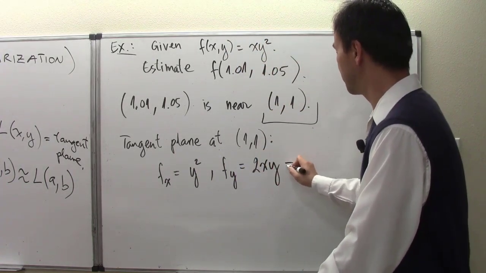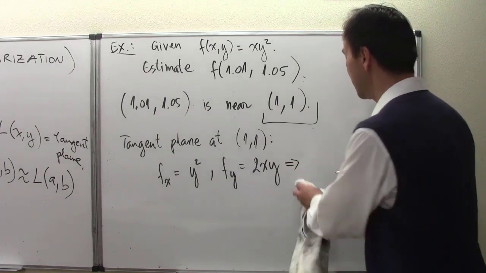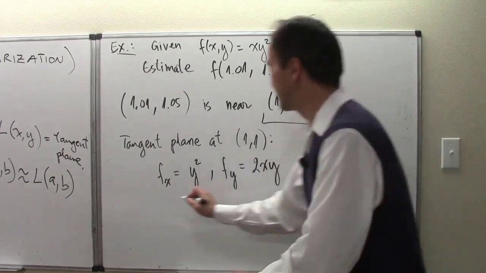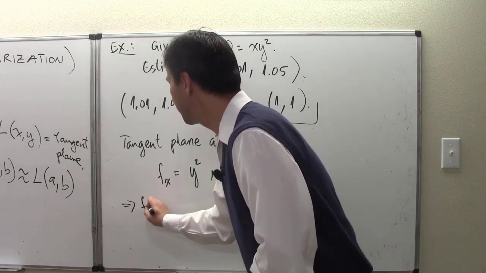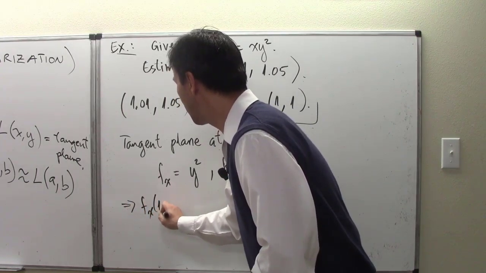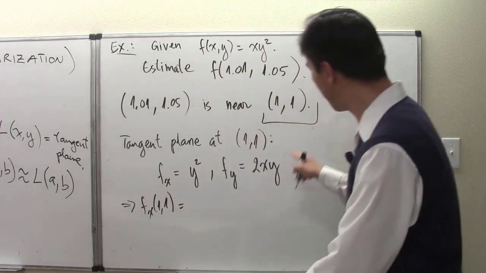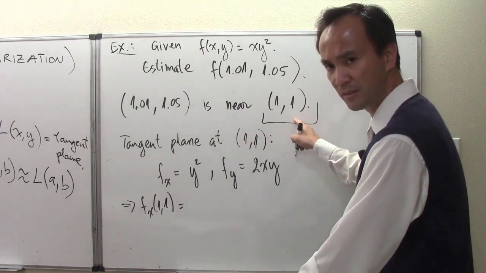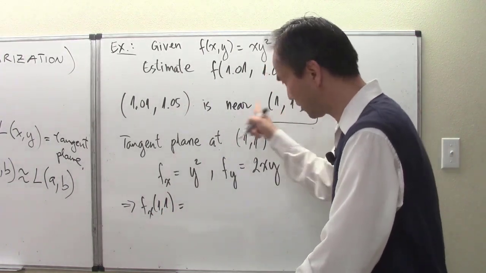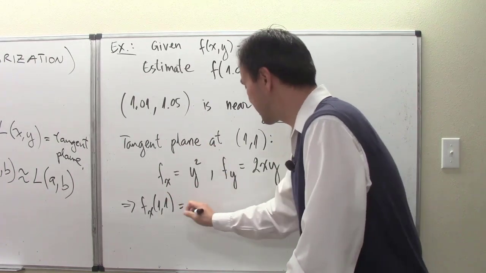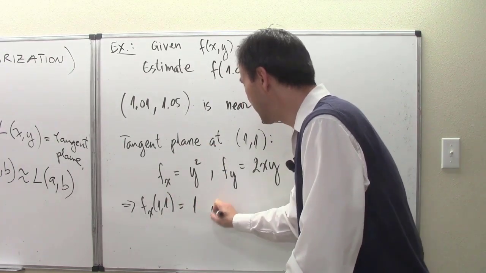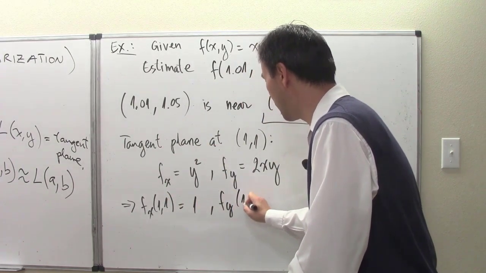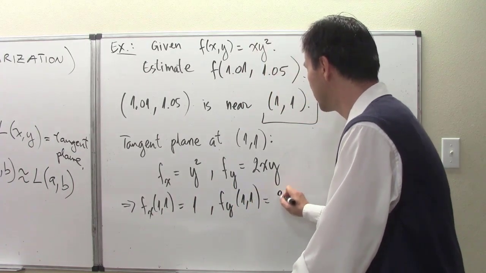Okay, and so right from that, we're looking at fx at 1, 1, because we now want to find the tangent plane at 1, 1. So I'm going to substitute 1, 1 into our fx right here. That gives me 1, and then fy at 1, 1 gives me 2.